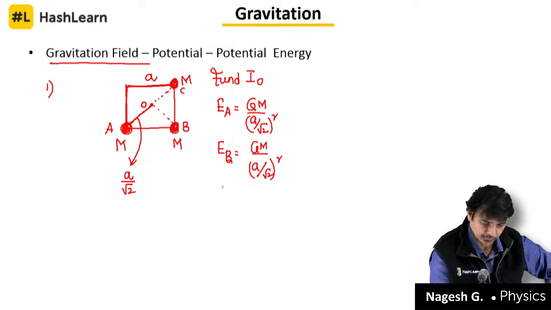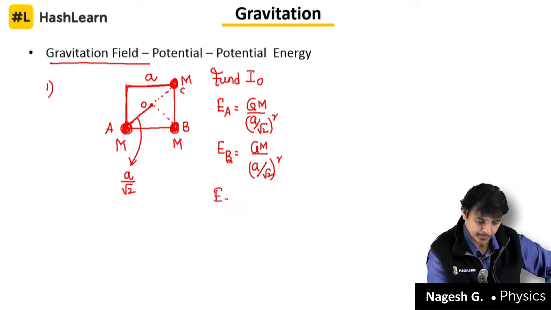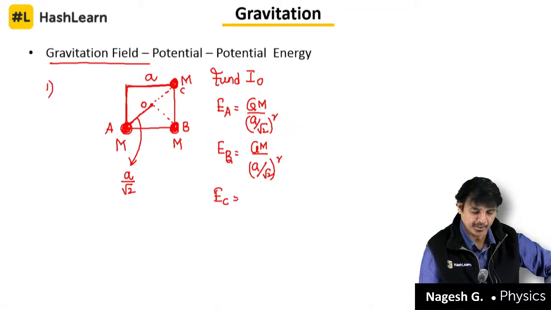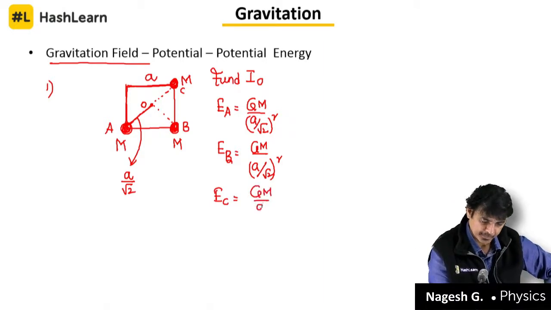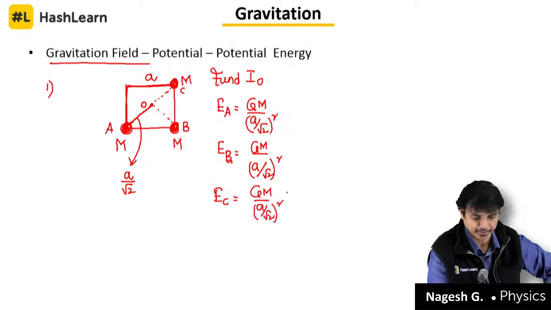Field at the point O due to the mass placed at the point C will be equal to Gm by a by root 2 whole square.